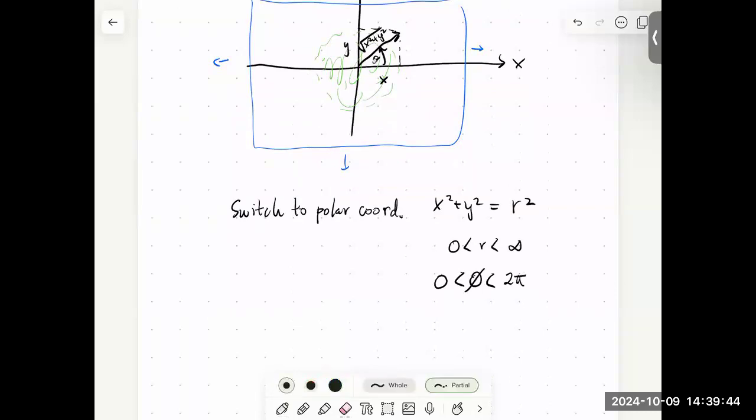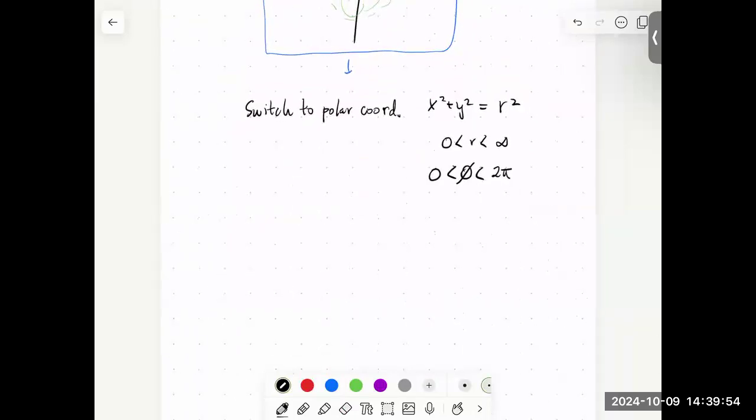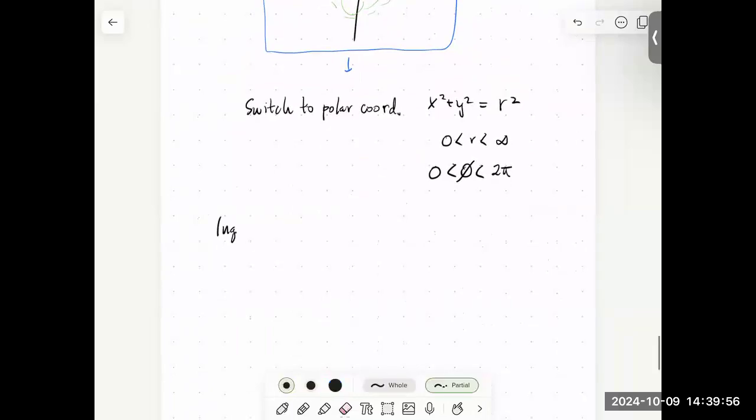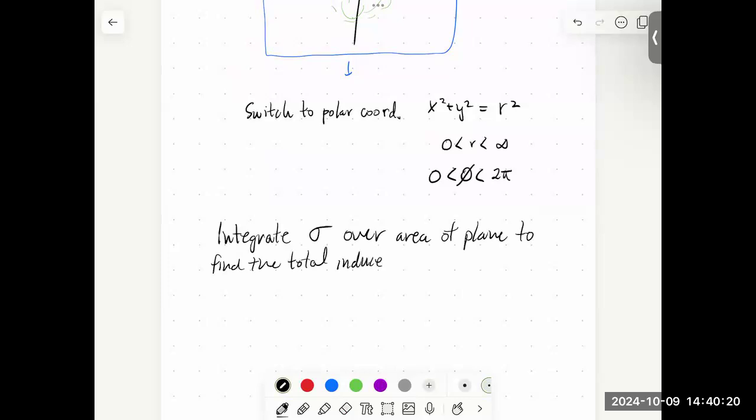Okay, fair enough. And so the other thing we'll do is integrate. So let's integrate sigma over the area of the plane to find the total induced charge.